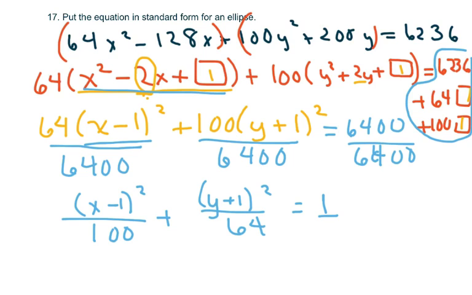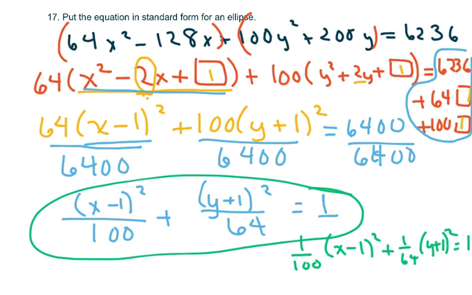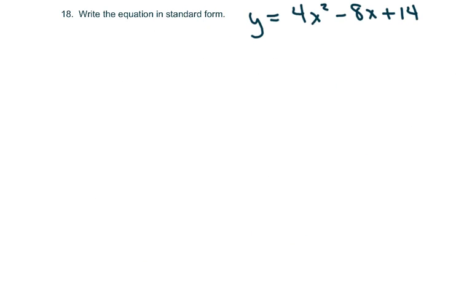The way they do it on their test, they just bring out this, so that they're going to write it as 1 over 100 times x minus 1 squared plus 1 over 64 times y plus 1 squared equals 1. These are the same thing. So basically just know how to complete the square and know what the equation of an ellipse and hyperbola and all that is.